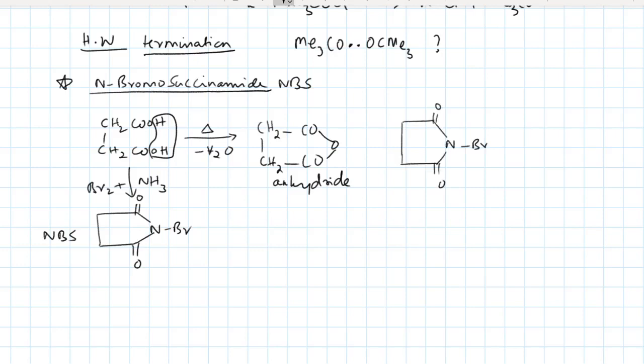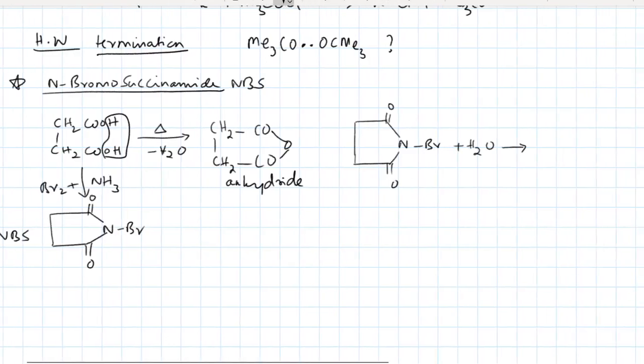For this, a small amount of bromine gives the allylic substitution in this reaction, while a high concentration of bromine will give you the addition reaction. So you have to remember this point. And for this NBS reaction, you need a little bit of water. So when you add a little bit of water, you get the first product.